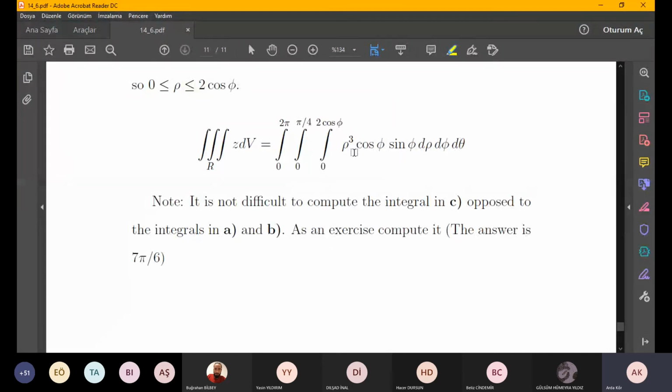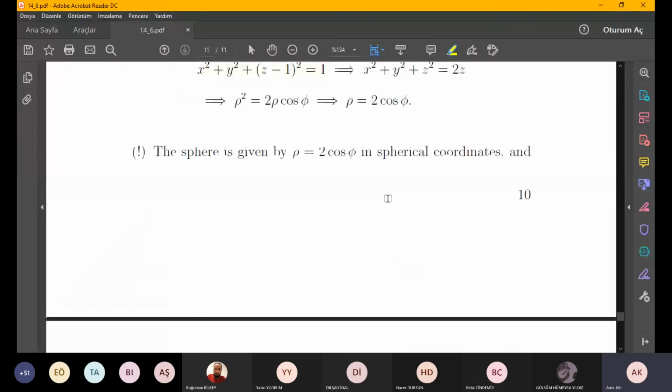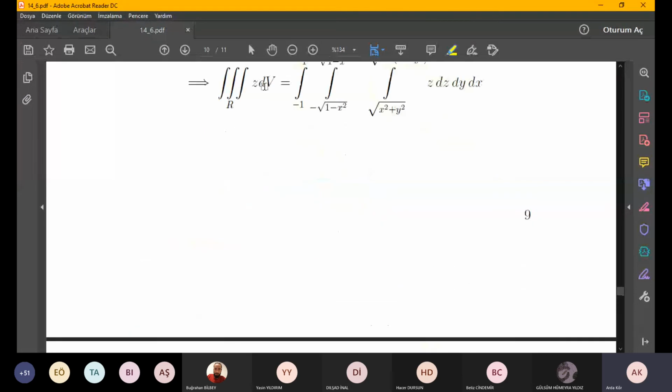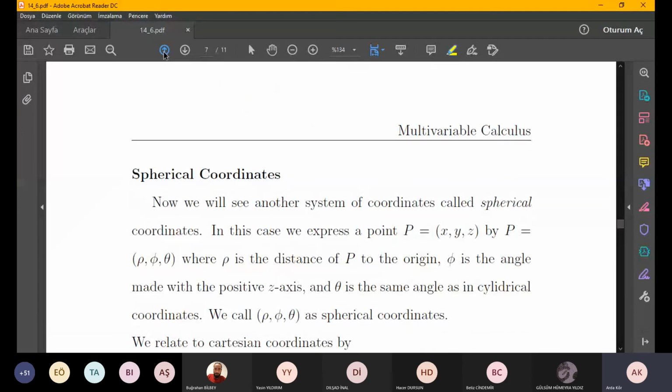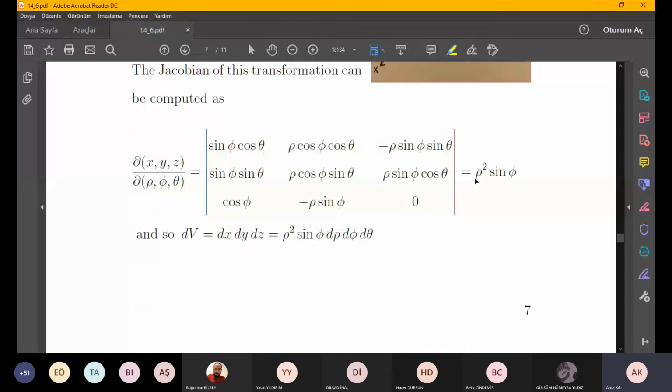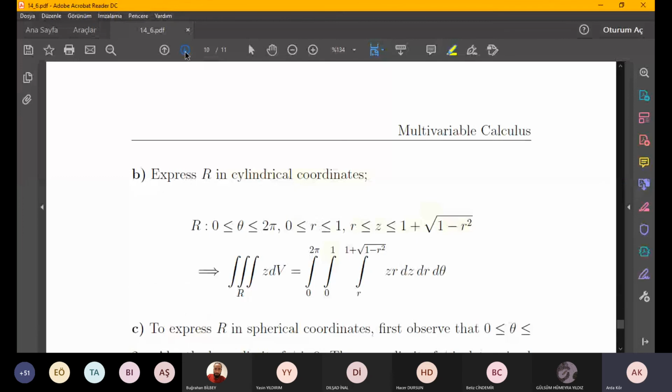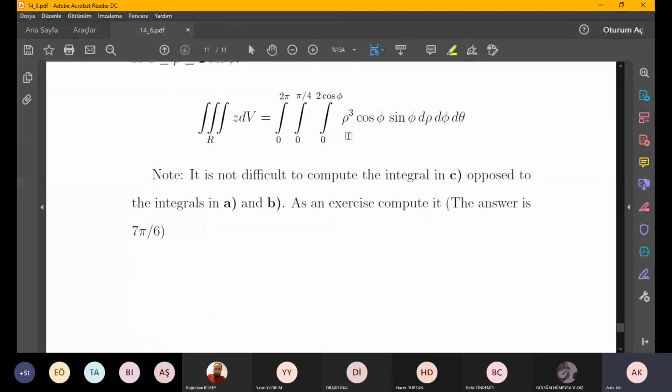So rho times cosine phi times, from the Jacobian, rho squared times sine phi, which will be rho cubed times cosine phi times sine phi, d rho d phi d theta.